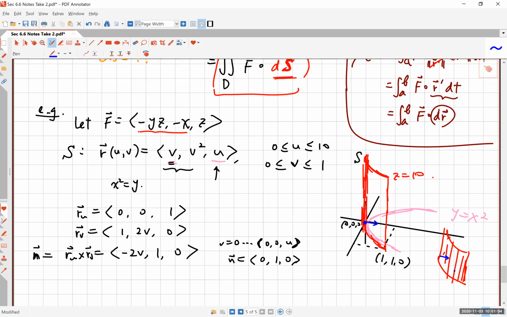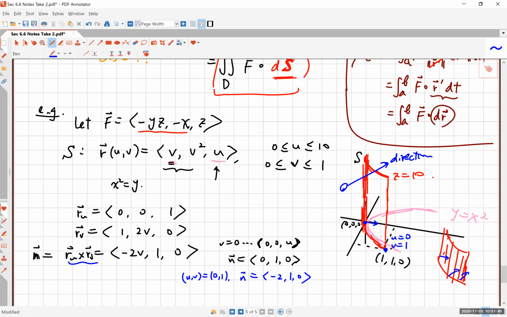Okay, so you can tell this is the thing that moves from this side to this side. Okay, this is the direction pointing at this, right? And I think you can tell, at this point here, where v is 1 and u is equal to 0, if (u, v) is equal to (0, 1), then my normal vector is going to be negative 2, 1, 0.